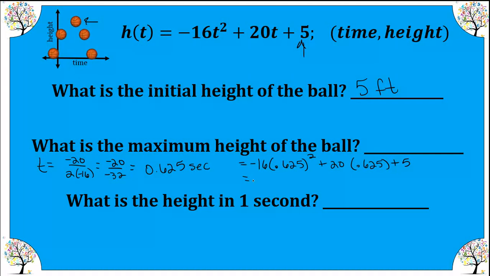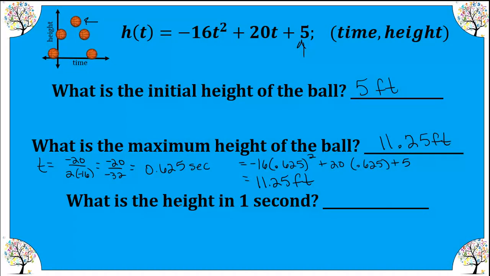So we get 11.25. Let me make sure that that is right. Let me just put it all in one line. So a negative 16, and then we have 0.625 squared plus 20 times 0.625, and then plus 5. Yep, 11.25. So 11.25, and we're talking about feet. So the maximum height of the basketball is 11.25 feet. And it took 0.625 seconds.